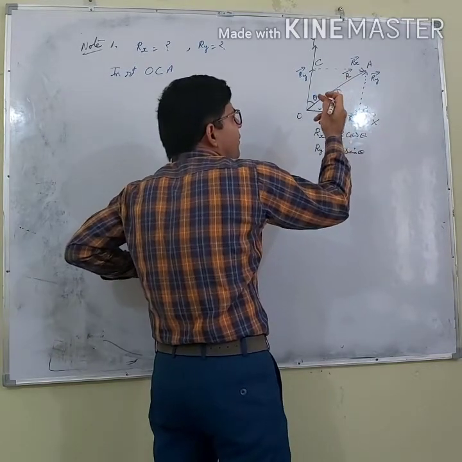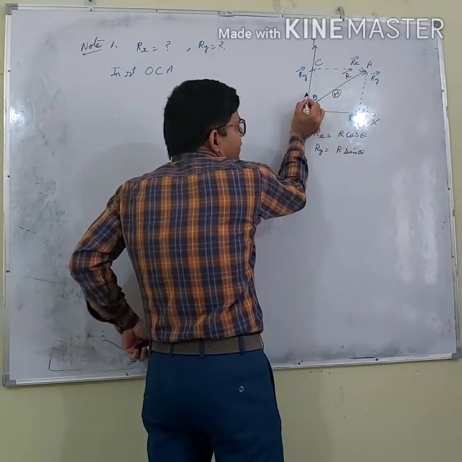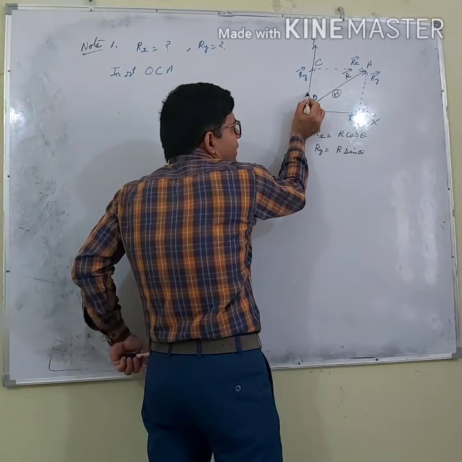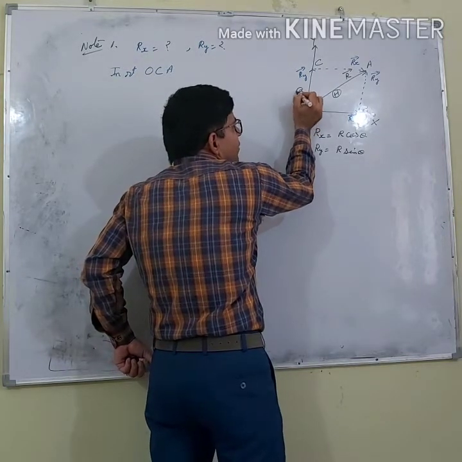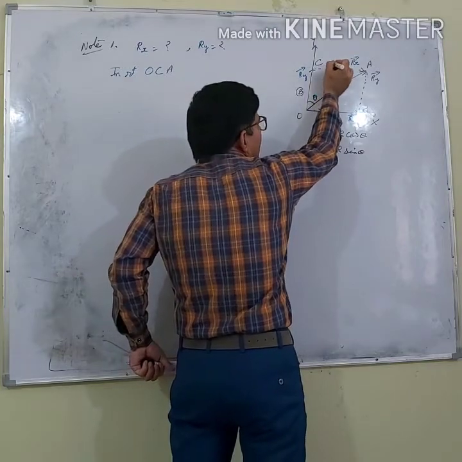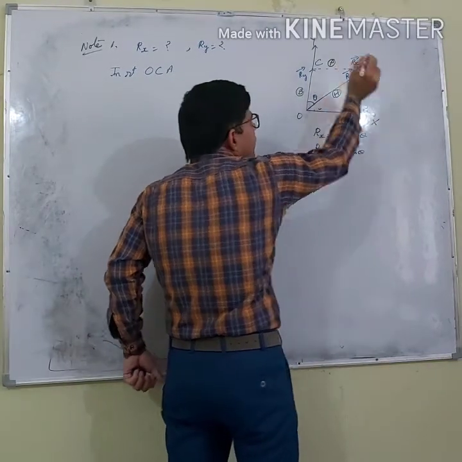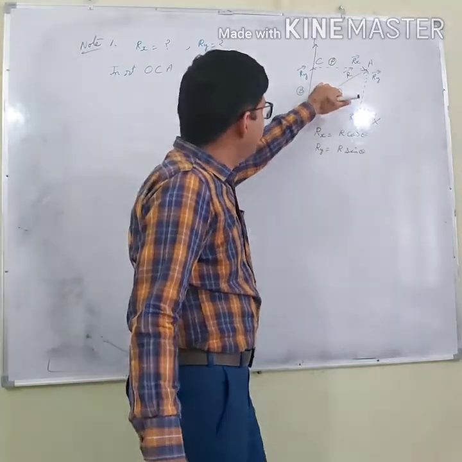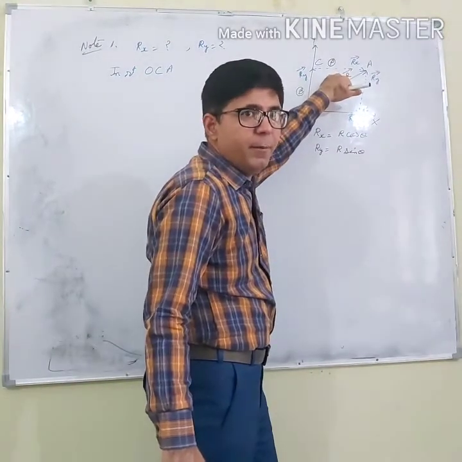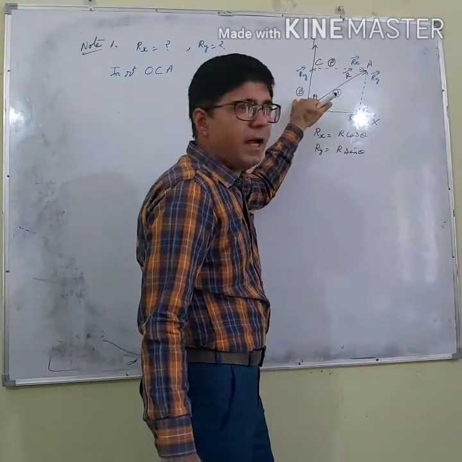What is base and perpendicular? The side with theta is always base and perpendicular is always opposite to the angle. So the side opposite theta is P, perpendicular, with theta is base.